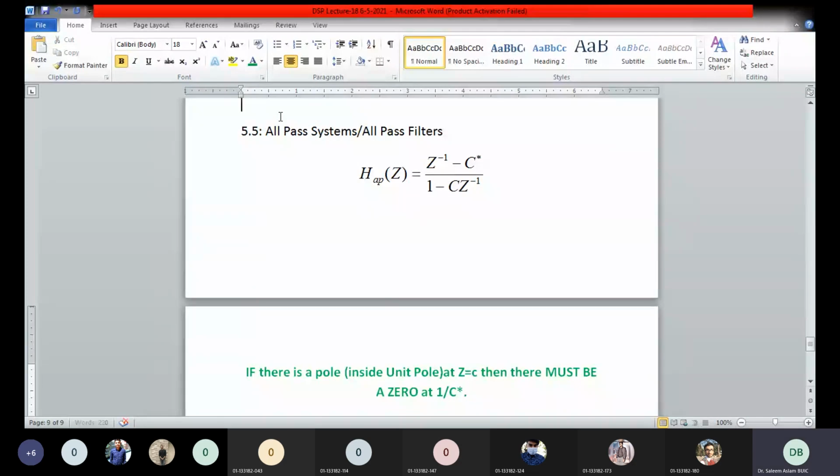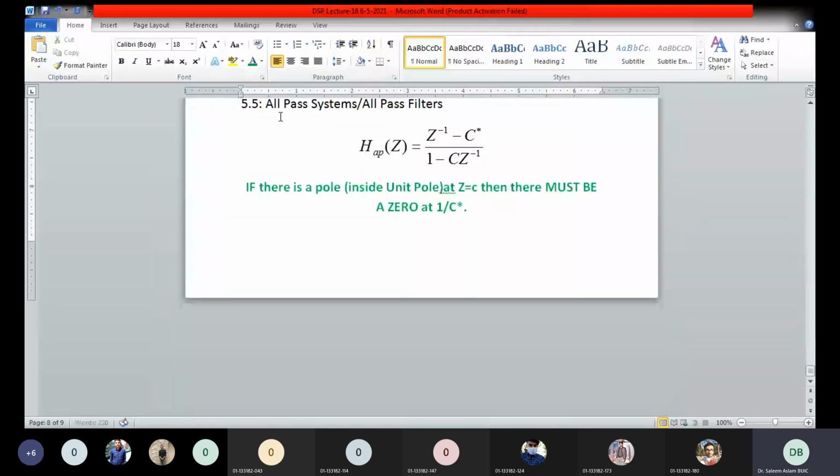It says that if there is a pole at C, there must be a zero at 1 over C conjugate, right? So the expression is given here.